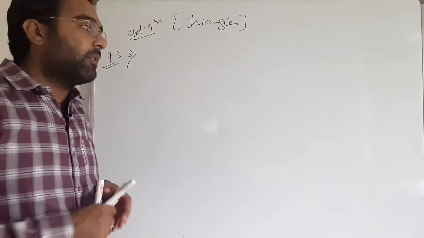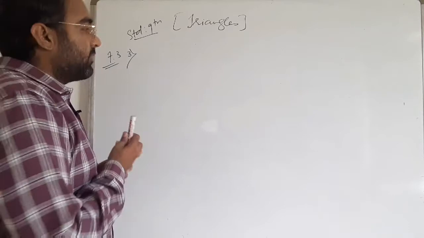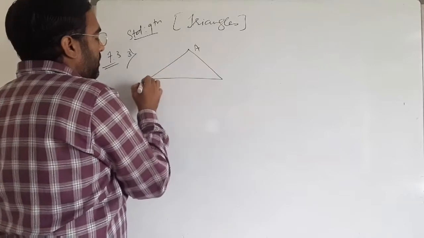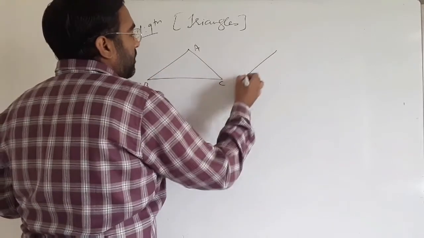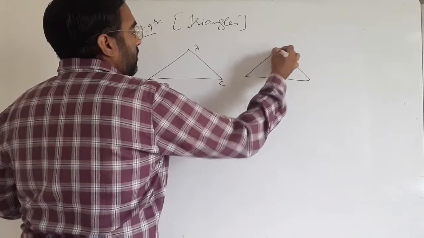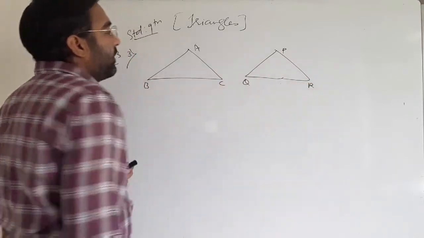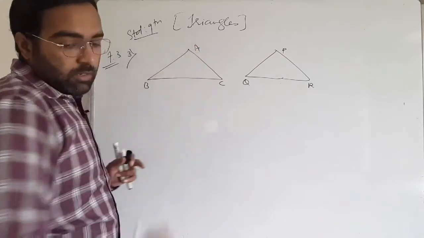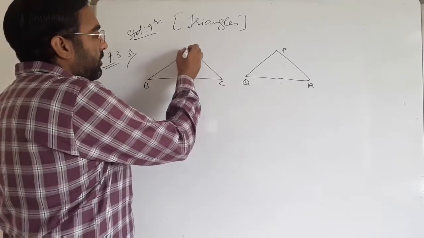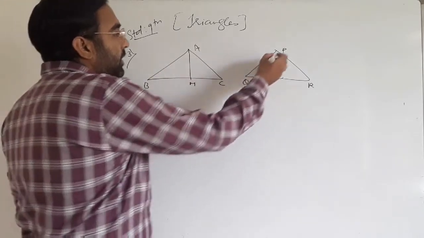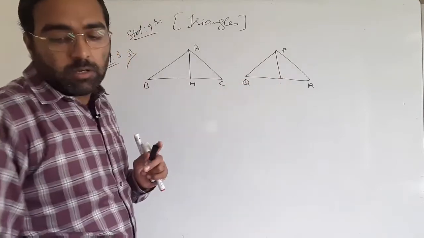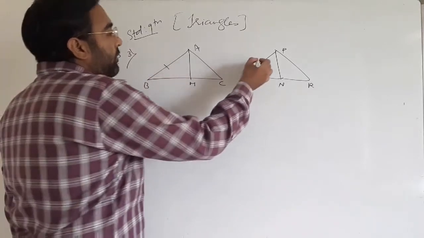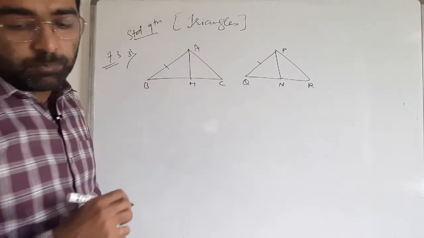Here two triangles are given, one is ABC and the second is PQR. In these two triangles there is a median: in this one AM, and in this one PN. AB is equal to PQ, given.